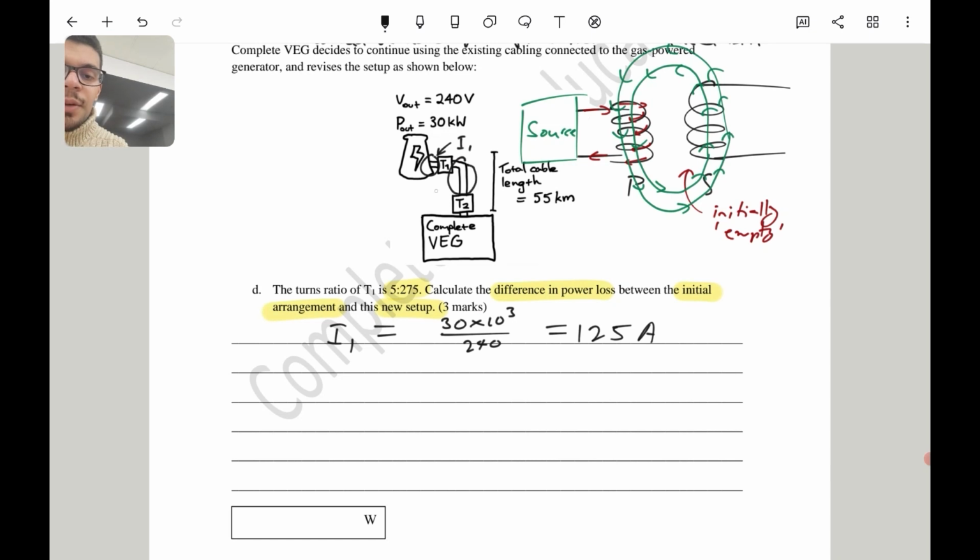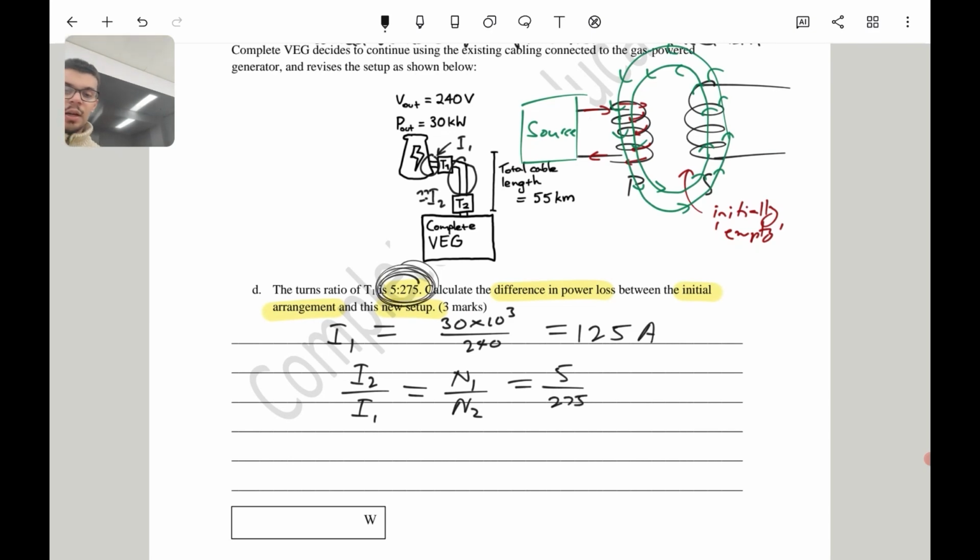But now we need to find what is the current that flows through the transmission lines. So for this, we need to use the ratios formula. We know that I2 over I1 will be equal to N1 over N2, which is equal to 5 over 275. Whenever you're given a ratio like this, the first number is always N1, and the second number is always N2.